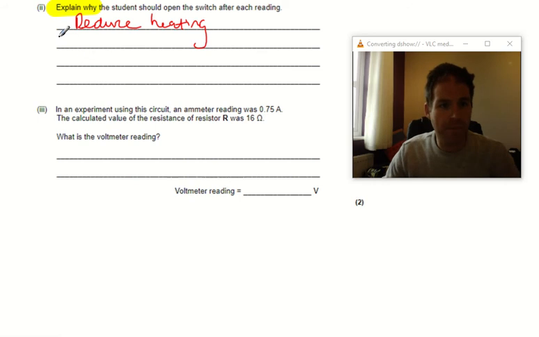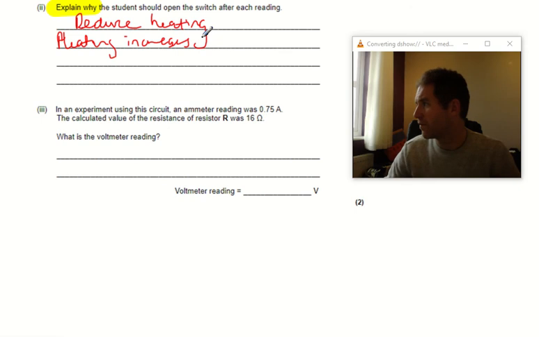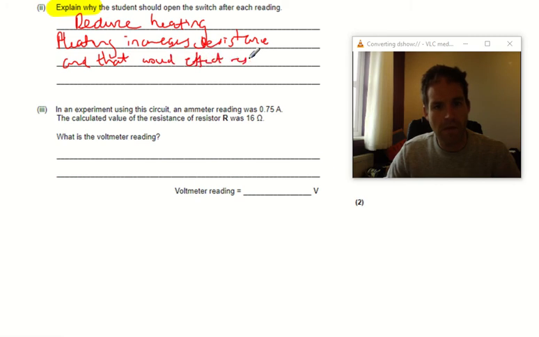But then this is going to be worth more than 1 mark, okay? Because heating increases the resistance and that would affect the results. Because the flow of current produces heat.